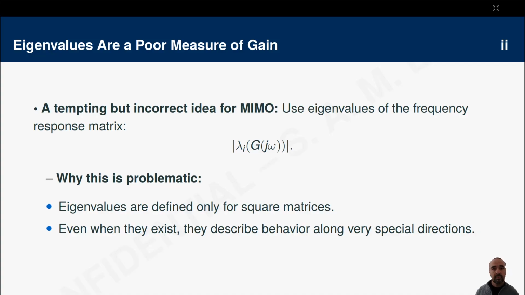But this is problematic, as you already know, because there's no choice of direction. If you consider the eigenvalues of this matrix, essentially what you're saying is we don't care about direction. We don't care about geometry. This is wrong. This is problematic.